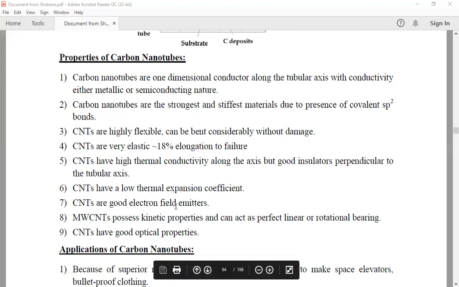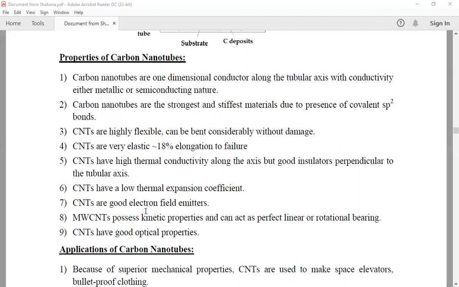Coming to the electrical property, because of the symmetry and unique electronic structure of graphene, a carbon nanotube is semiconducting with a very small band gap between the valence band and conduction band.